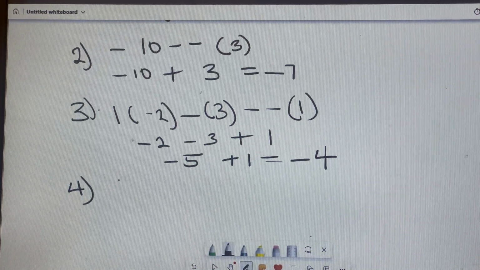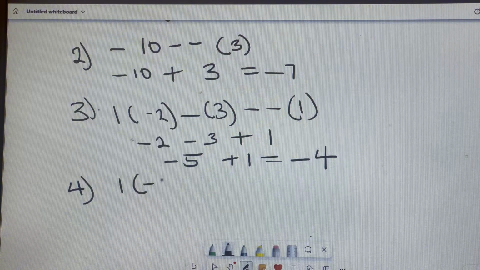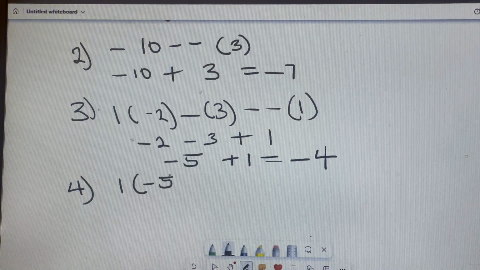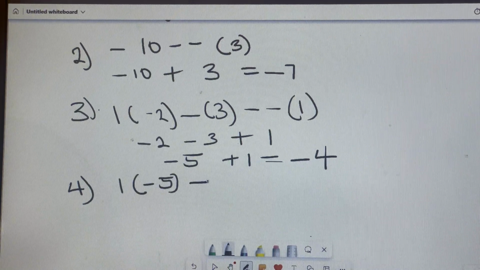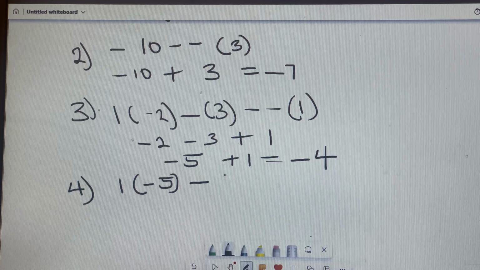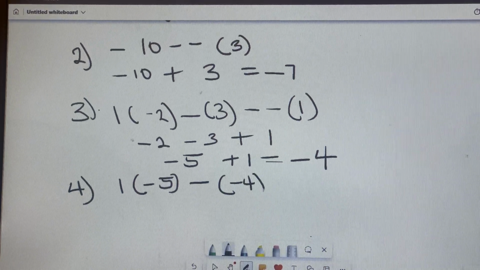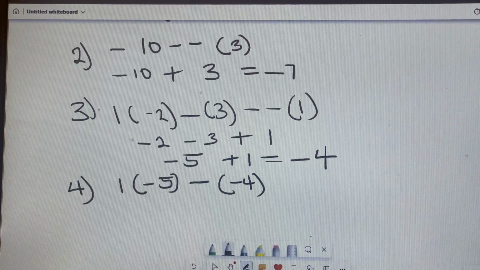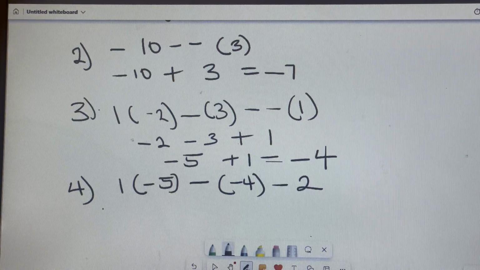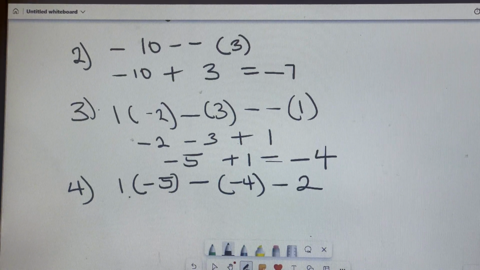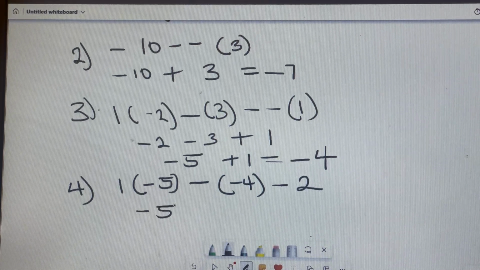If you're given 1 multiplied by negative 5 minus negative 4 minus 2. So what you're gonna do, just say 1 multiplied by negative 5 is negative 5.